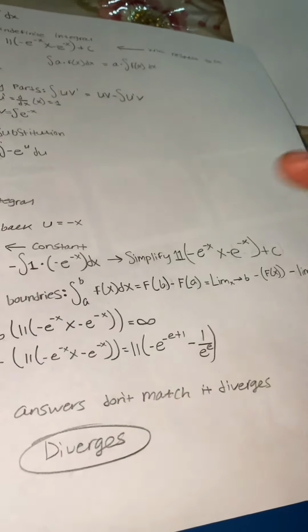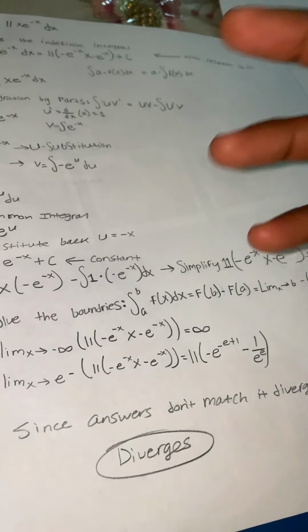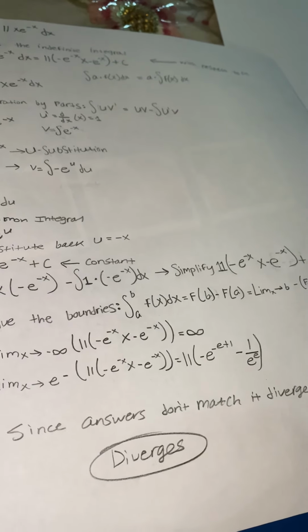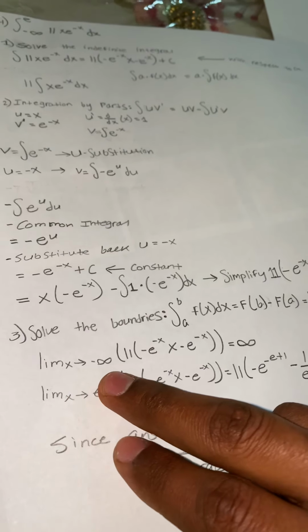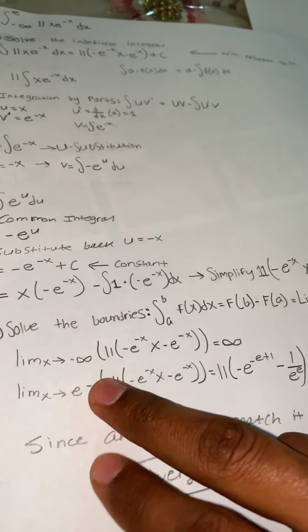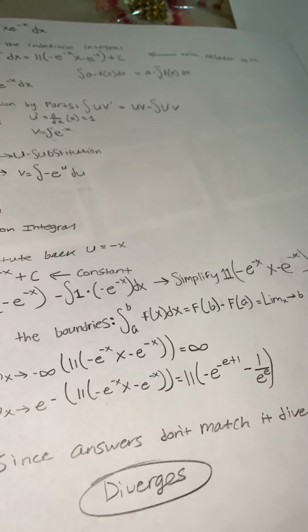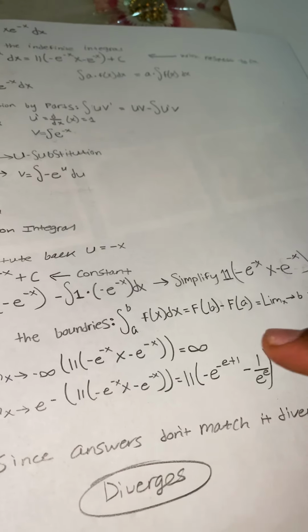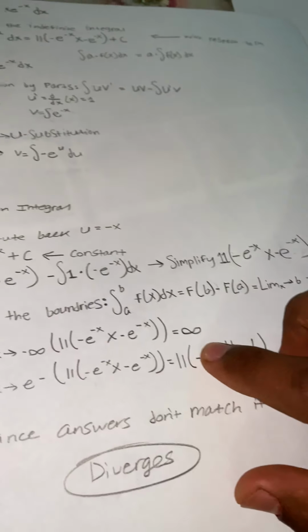In our case, our boundaries are negative infinity to e. So if we're finding the limit as x goes to negative infinity, we're doing 11 times negative e to the power of negative x minus e to the power of negative x, which is equal to positive infinity.